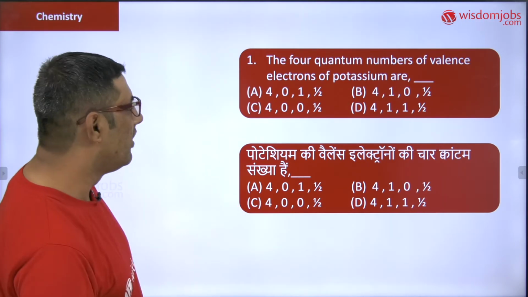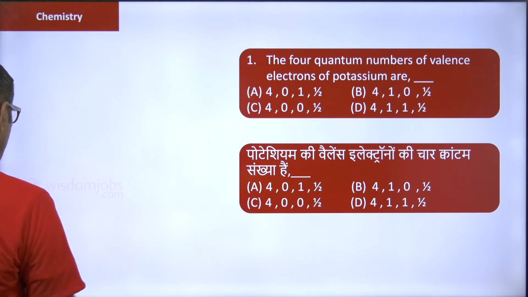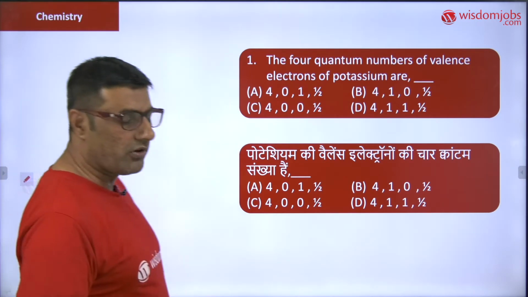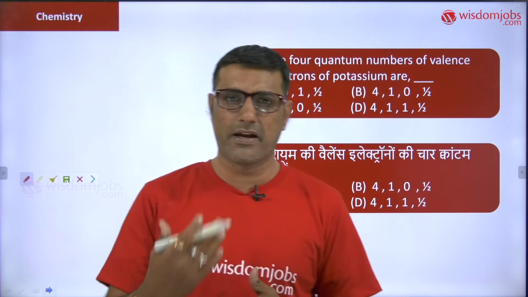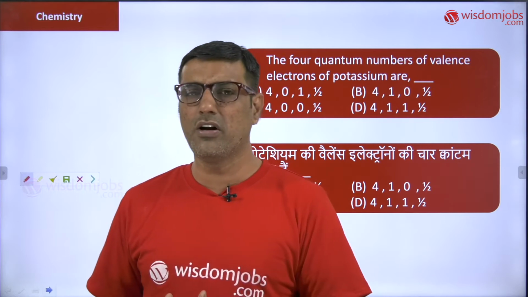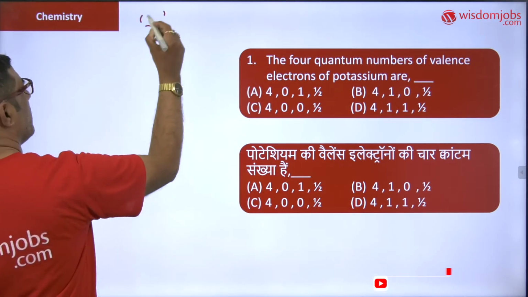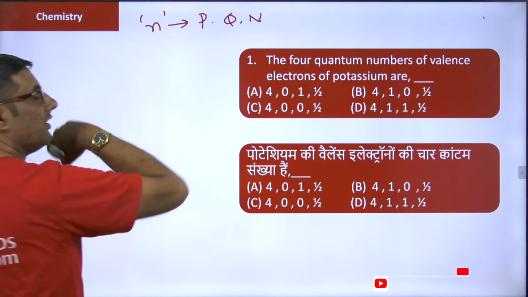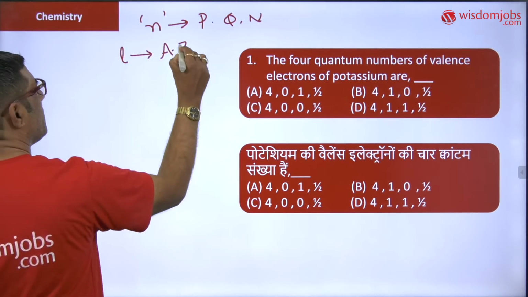Now, let me analyze the electronic configuration of potassium. Before that, what are the four quantum numbers we have? One is the principal quantum number, next is the azimuthal quantum number, next is the magnetic quantum number, and lastly the spin quantum number. n is the principal quantum number, and l is the azimuthal quantum number.